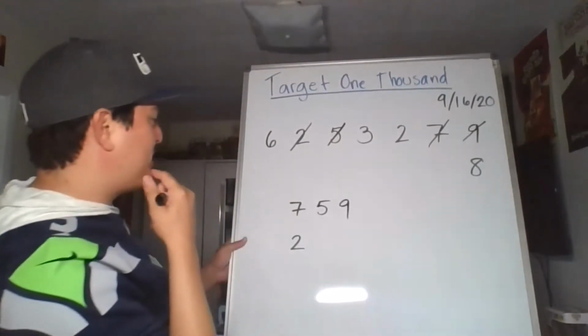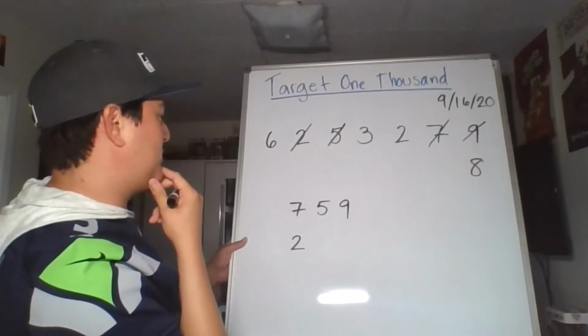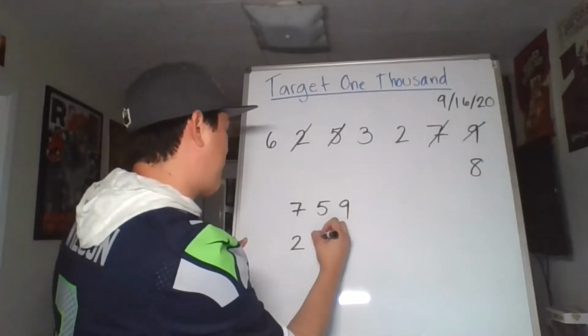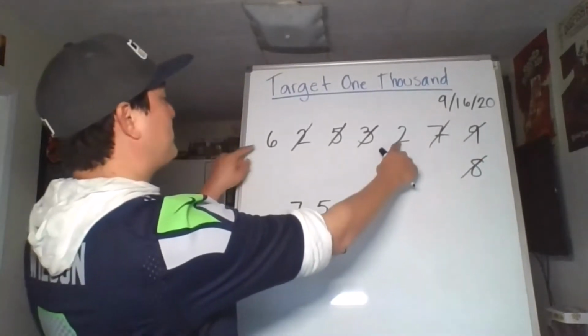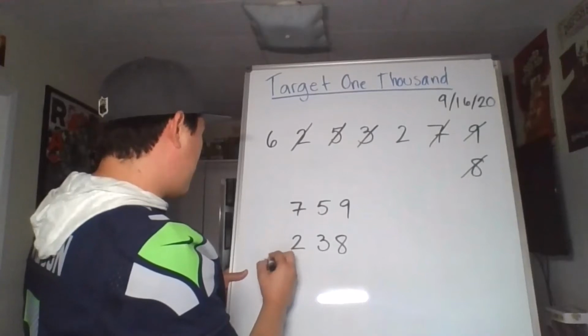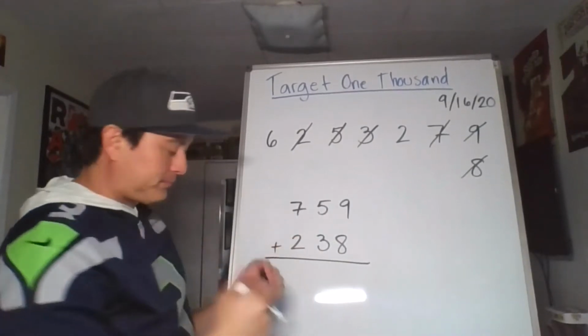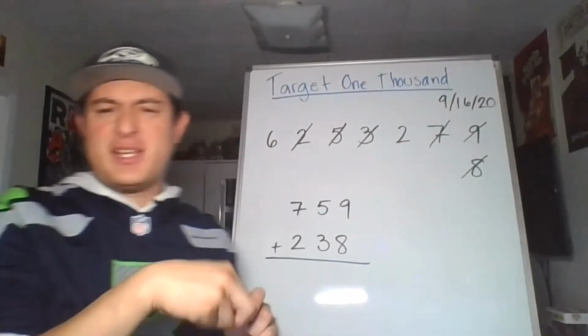And then I have 2 more digits for the 200. Let's do 38. All right, so I didn't use a 2 and a 6, and that's okay. You can only pick 6 of them. So I'm going to add these up. And now I'm going to show you. Actually, I'll add them up.